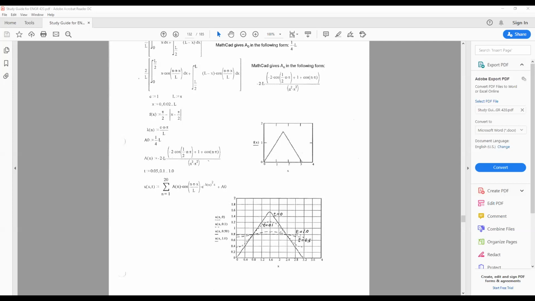In the middle of the object, the temperature will drop. Near the two ends, temperature will rise and eventually reach a horizontal temperature distribution.